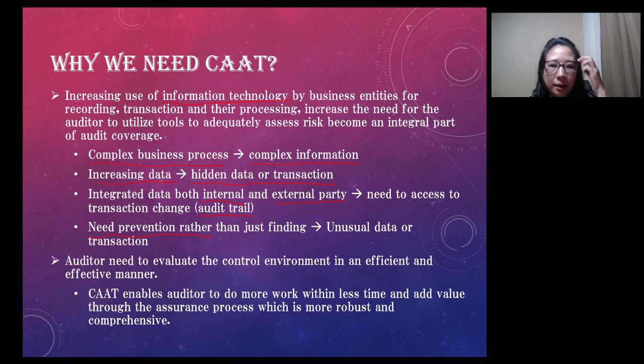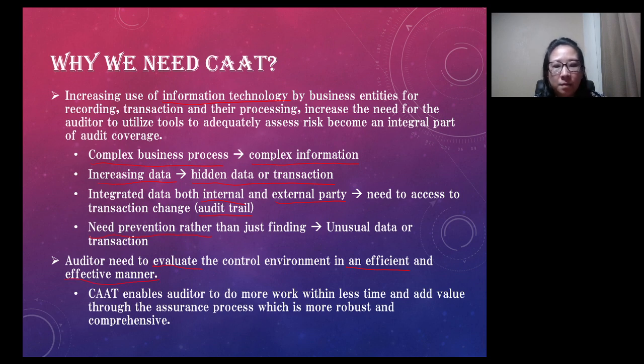Okay, and then by increasing the data and the information, it means that the auditor also needs to do the auditing, or in here we call it the evaluation, in an efficient and effective manner.